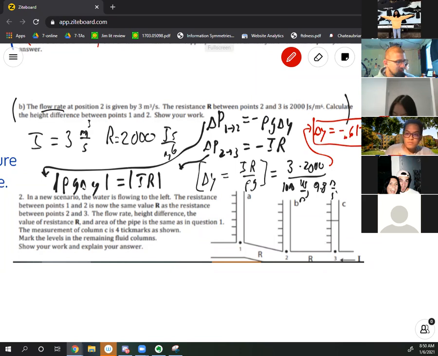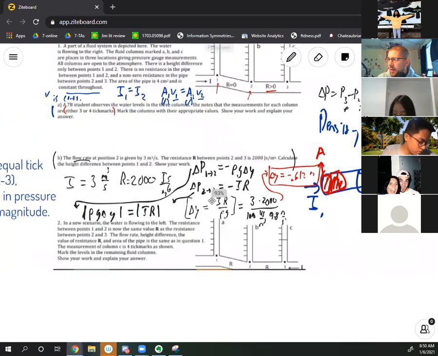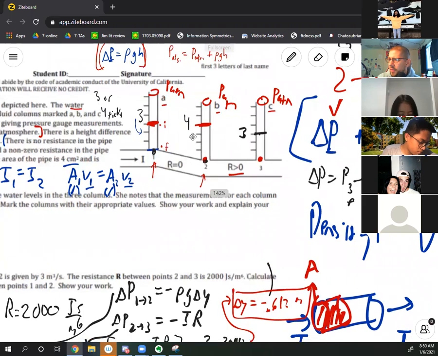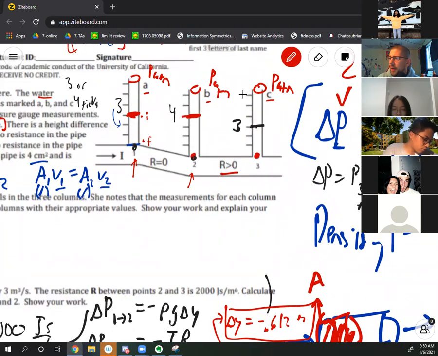A question: sorry, I might have missed this, but why does the pressure change from 1 to 2 equal that between 2 and 3? Okay, good. The reason the magnitude of pressure change from 1 to 2 is equal to the pressure change between 2 and 3 is that the pressure gauges, these vertical pipes, change by the same number of ticks, or the same height.